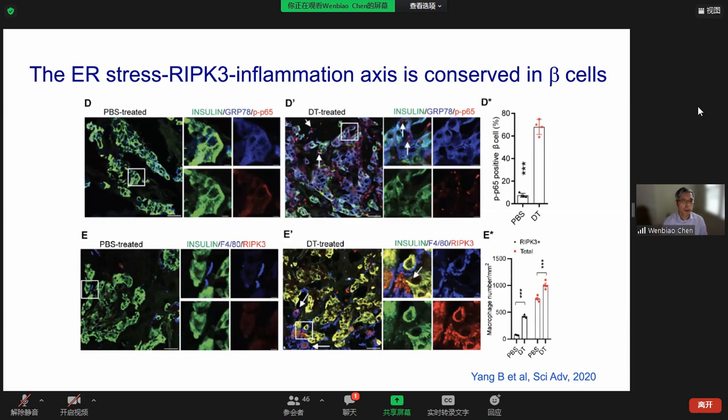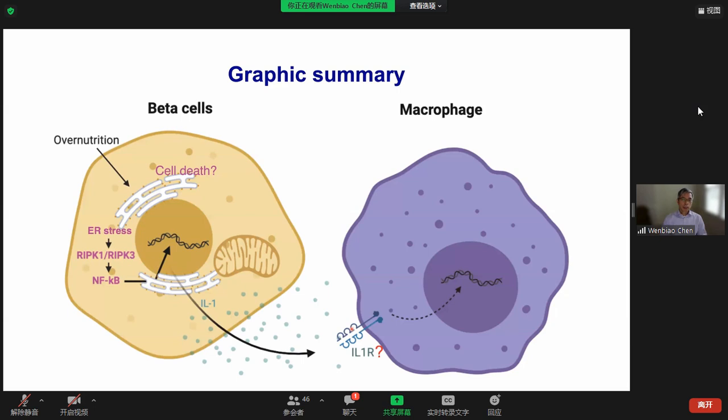So this is just a graphic summary. I just told you that overnutrition induces ER stress. I did not want to go too much into detail, but we think it's not just a mild ER stress, but it has to be very intense ER stress that activates RIPK1 and RIPK3, which through an NF-kappa B pathway induce IL-1 beta expression in the beta cells, though we do not know if it's direct or indirect, that needs recruitment of macrophage.